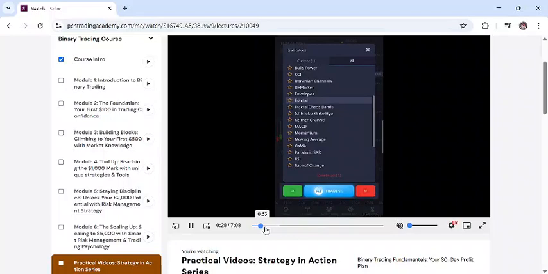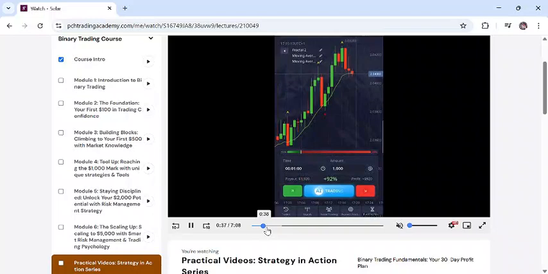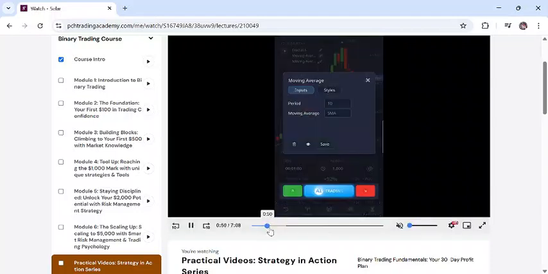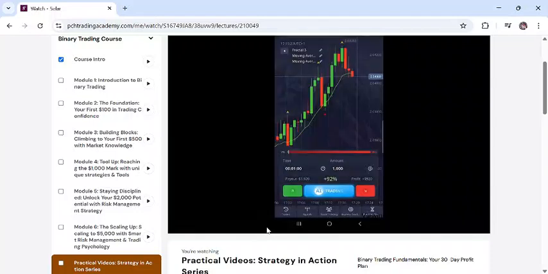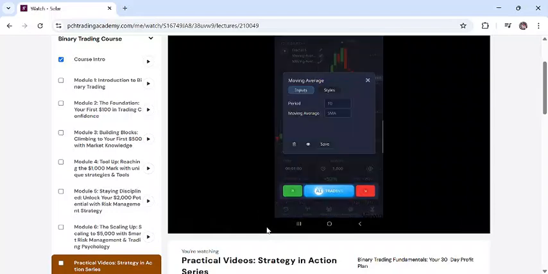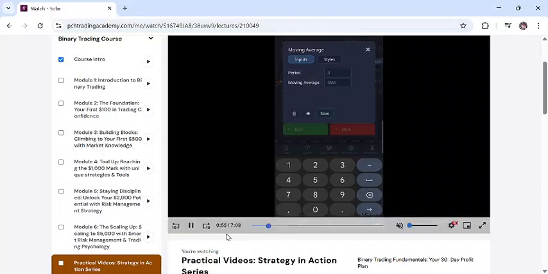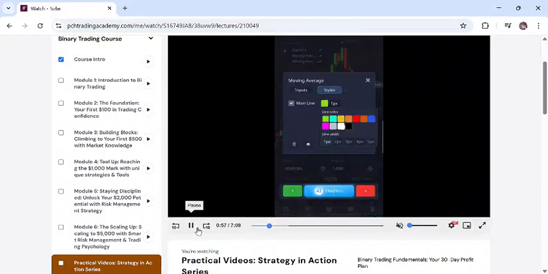So let's just watch a little bit of indicators. This is how you select your indicator. Fractal. That's one. And moving averages. 2 moving averages. So for the fractal settings, we choose a period of 3.